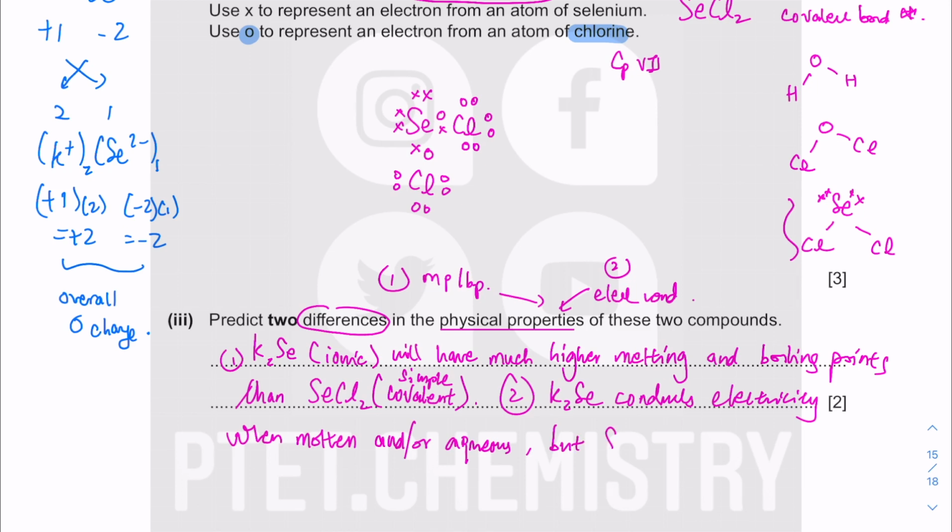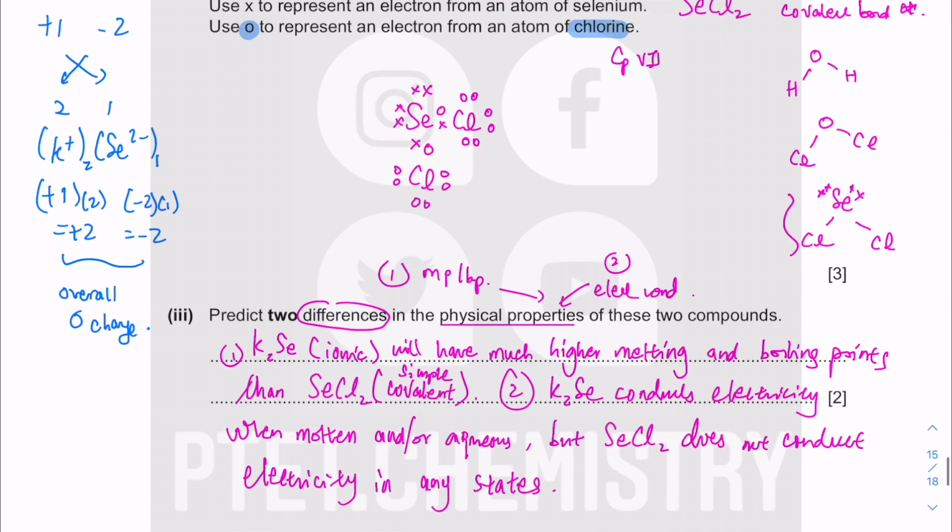But SeCl2 does not conduct electricity in any state, not when you melt it, not when you boil it. They just do not conduct electricity because there are no free electrons or no free ions, whereas you get free ions from the ionic compounds when they become molten or aqueous.